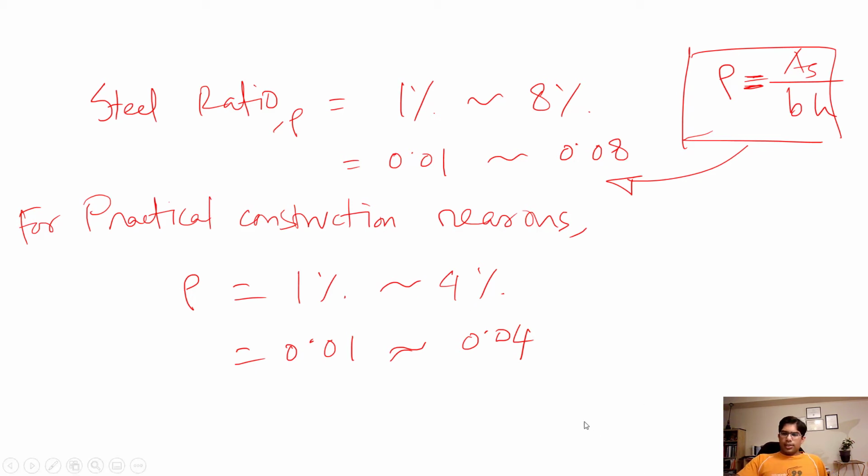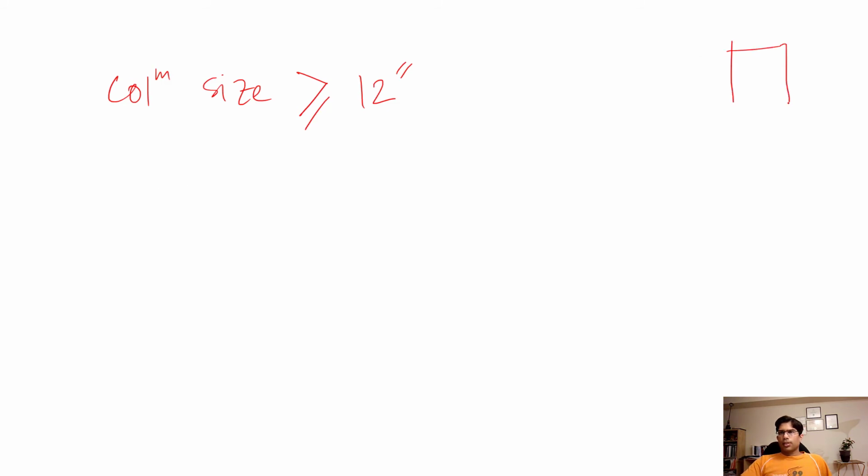And a few other things. One is our column size. We should always design our column size to be at least 12 inch. You should always provide a column dimension, so if this is the column, our outer concrete dimension should be at least 12 inch.